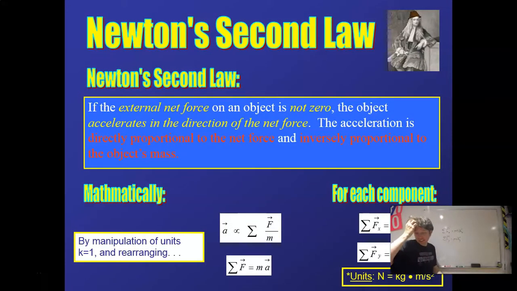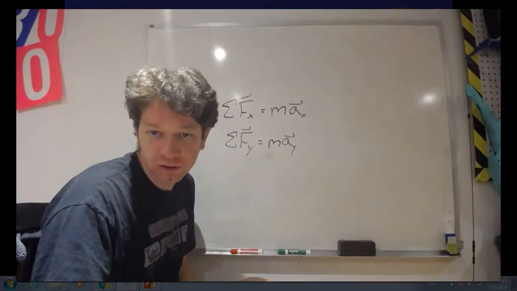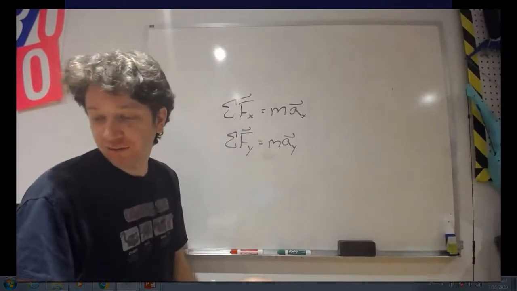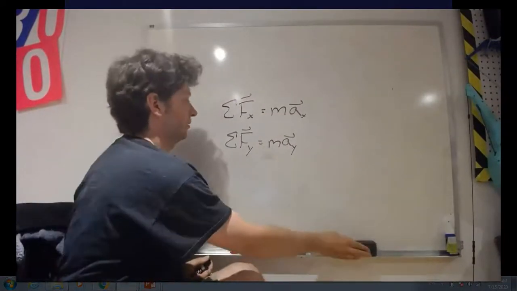All right, so let's do the second question on the back of your handout. This one's a lot easier than the first one. It says a horizontal force is applied to a hockey puck of mass 0.16 kilograms.